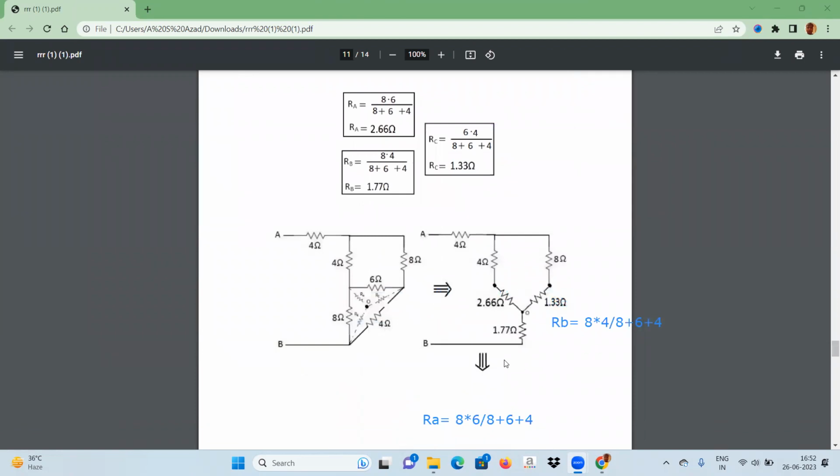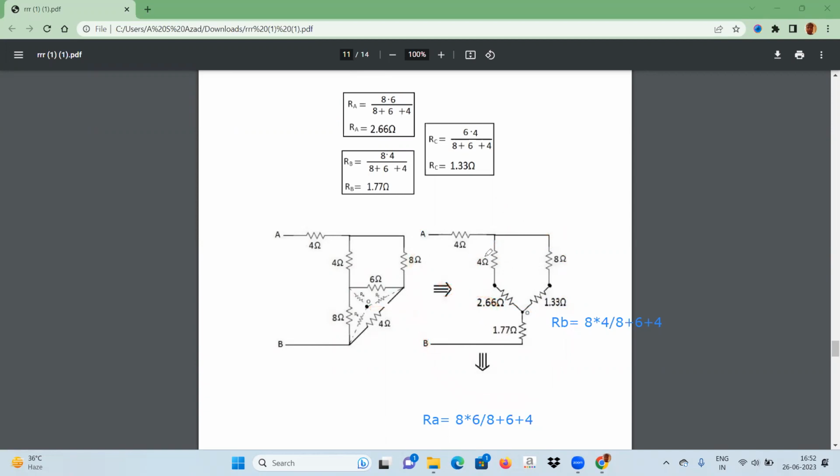the circuit like this. Now these two resistances will be in series, and after this series calculation, this whole resistance will be in parallel, and after this all resistances will be in series. You can calculate the equivalent resistance here.